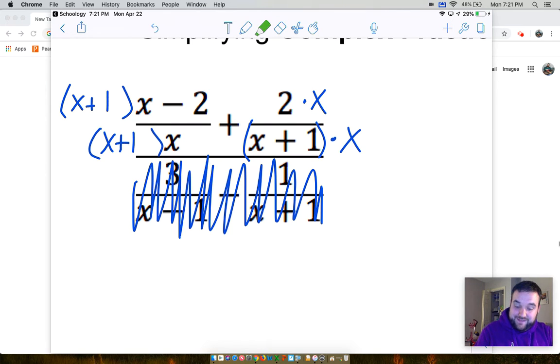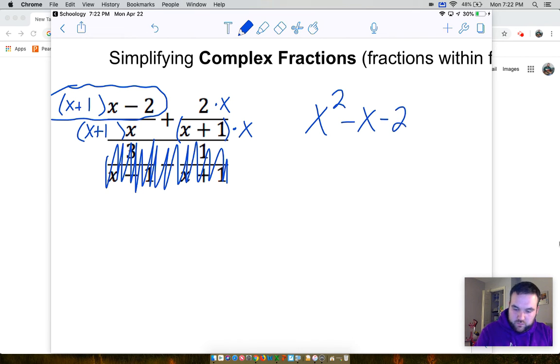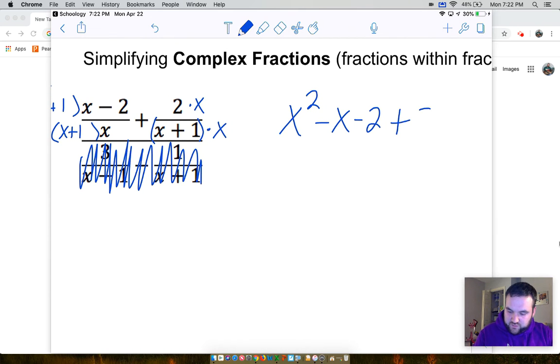And what that allows me to do now is I have a common denominator between those two fractions. So I'm going to go ahead and multiply the numerators together. If I'm foiling this out right now, that ends up being x squared minus x minus 2. And then I have plus 2x from this fraction right here, the second fraction.